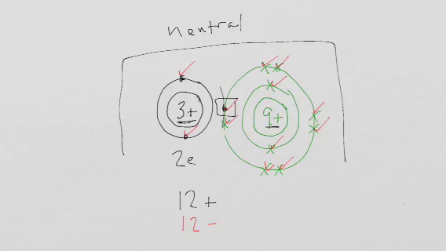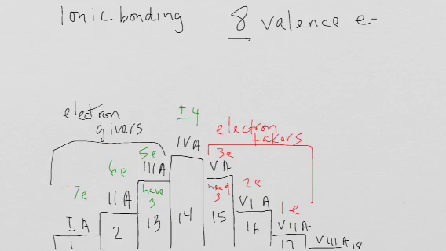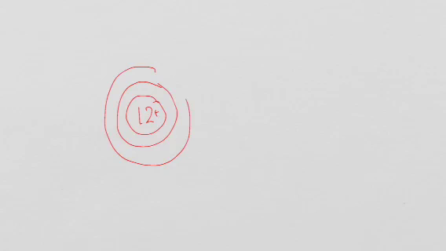Now this was a 1-to-1 ratio. When we talk about other atoms bonding ionically, it's not always going to be a 1-to-1 ratio. If we go back here and we look at something, let's say in group 2 here, versus something in group 17, if we've got somebody like magnesium, which is 12 plus, so magnesium will sit there and it will have these rings.